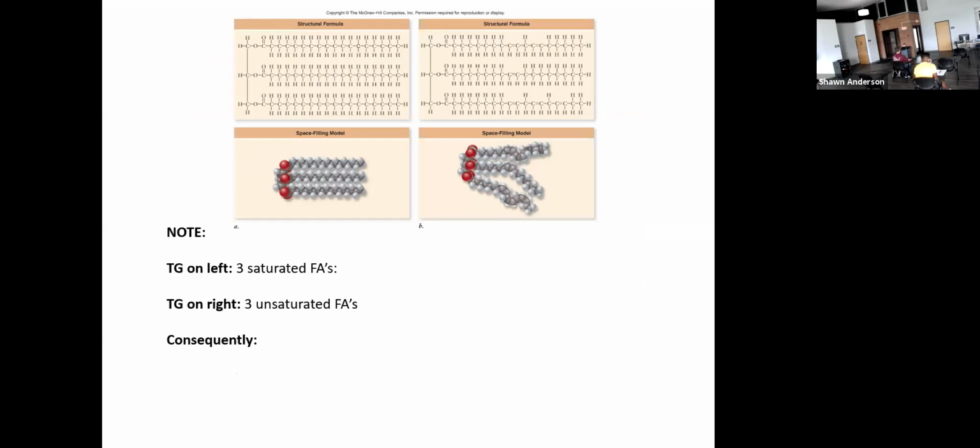We're going to talk about phospholipids in a second, but let's talk a little bit about what's so special about having saturated or unsaturated fatty acids, like what the big deal is.